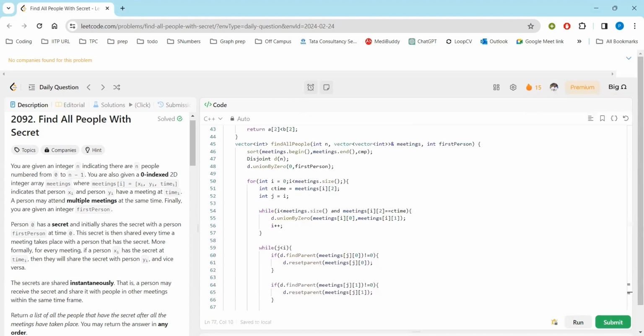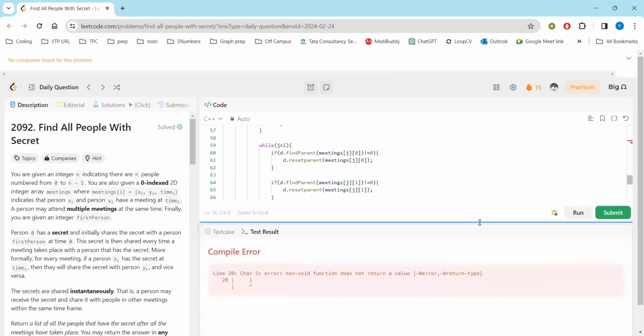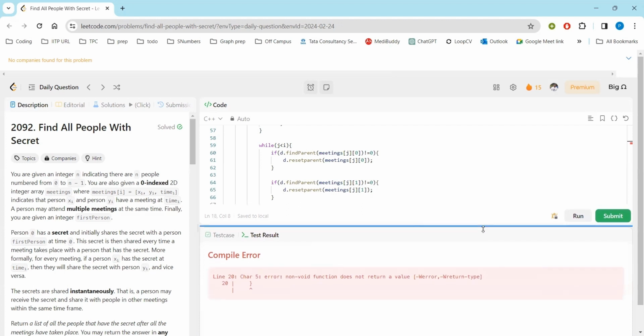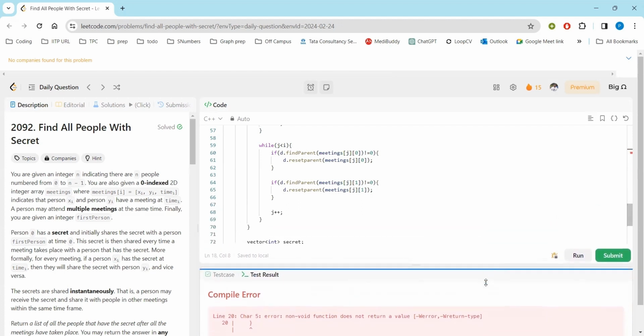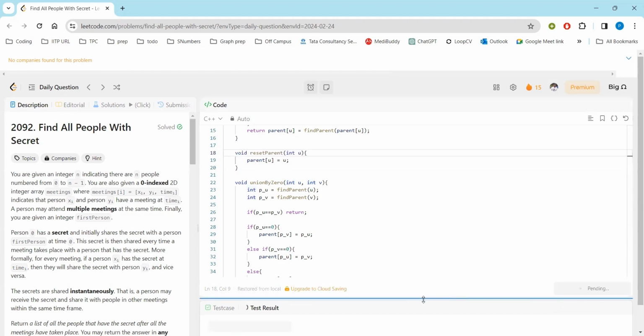Let's try to submit the test cases. There is some non-void function error. Let's see. Okay, since we are not returning anything, it will be void. Let's try to submit again.